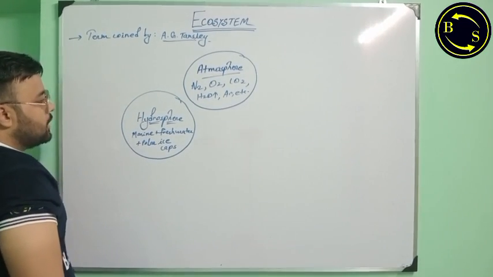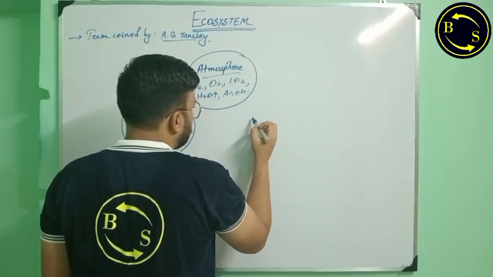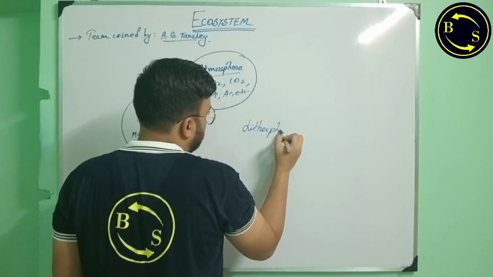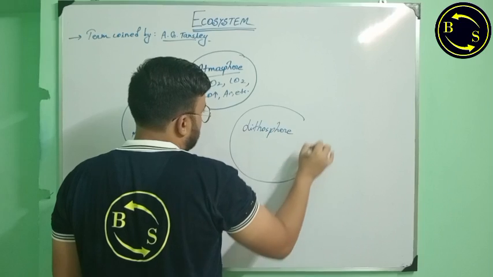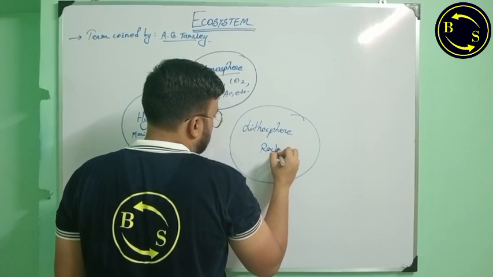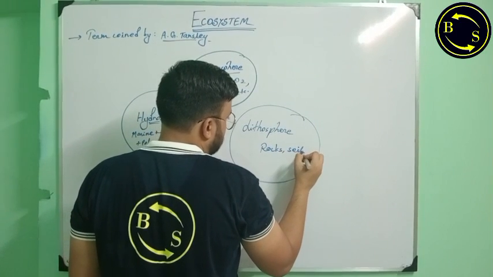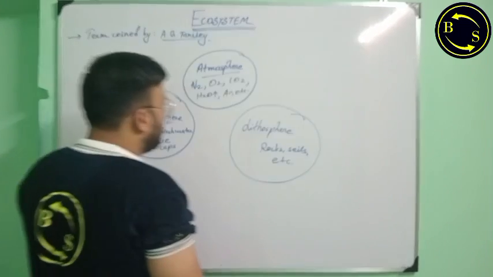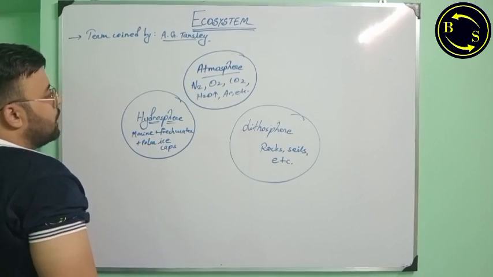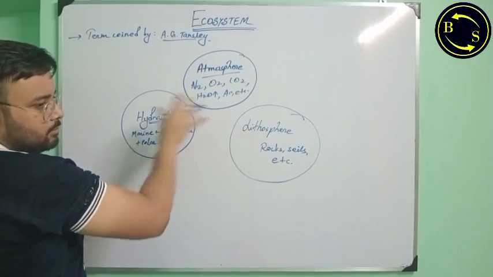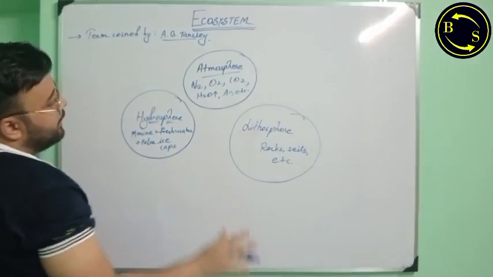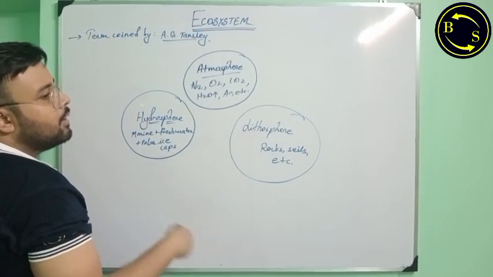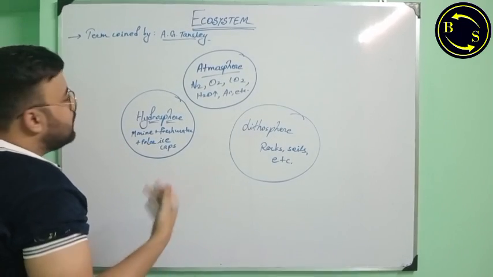Another sphere is the lithosphere. The rocks, soils, etc. The terrestrial part. And all these three spheres have a habitable region where plants and animals can thrive and increase their population.